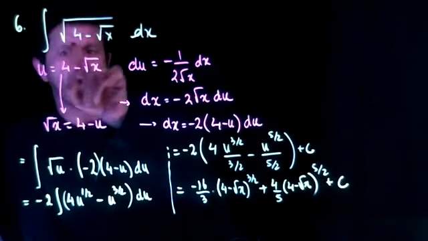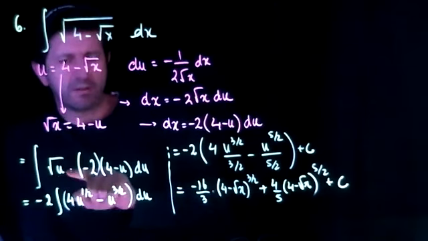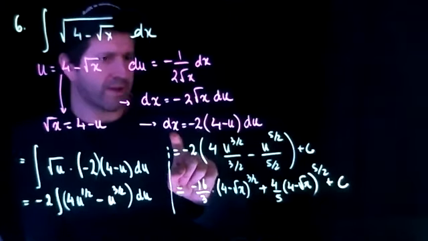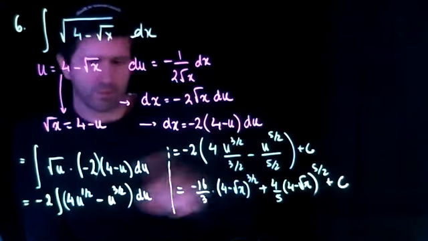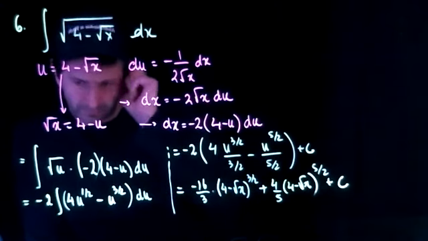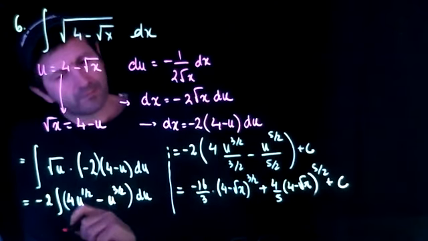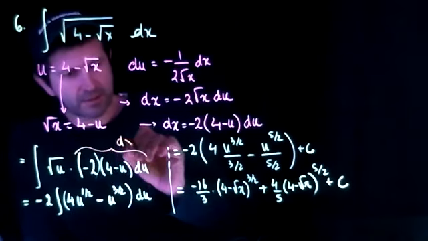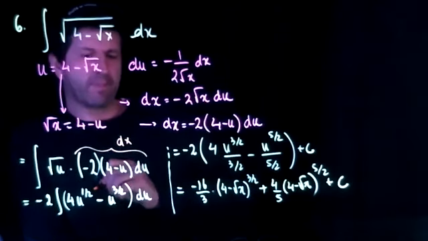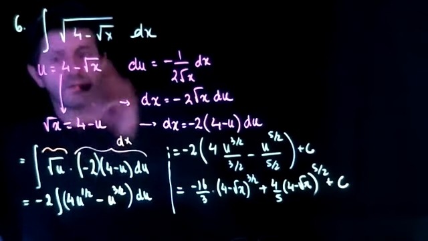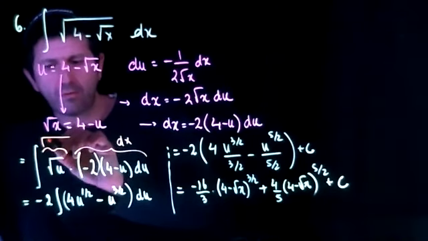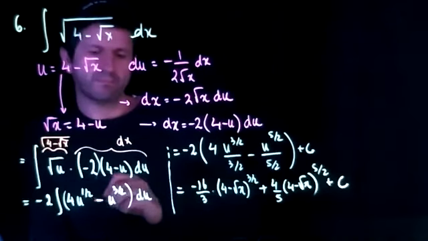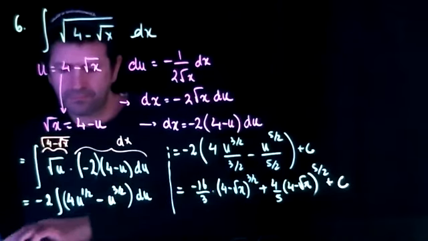So I have square root of u, here it is, times dx. Okay, dx is what? Well, dx, I just found that it's all this expression, which is right here. Okay, all this, that's dx. And this here is the square root of 4 minus root x. Okay, that's it.